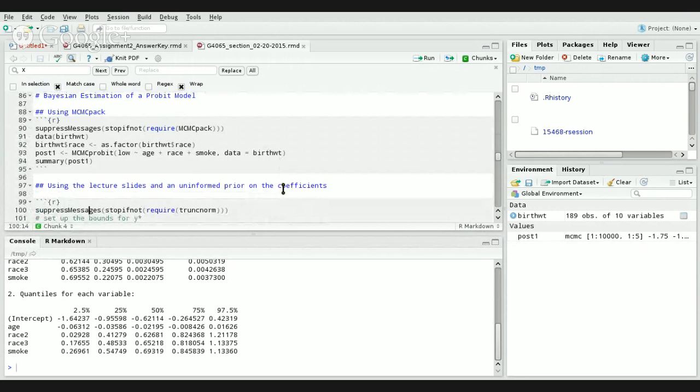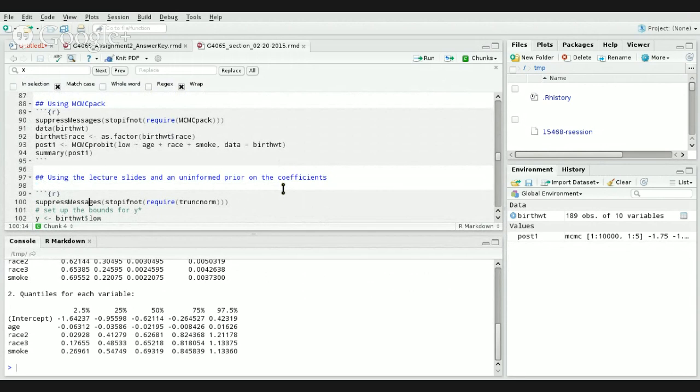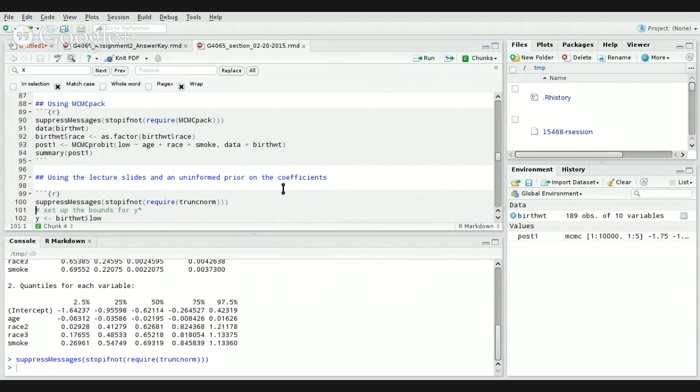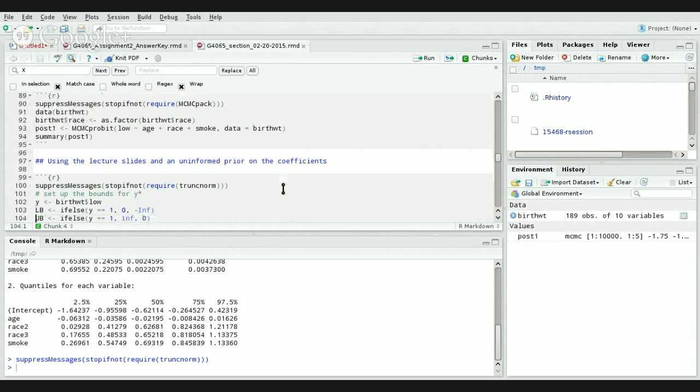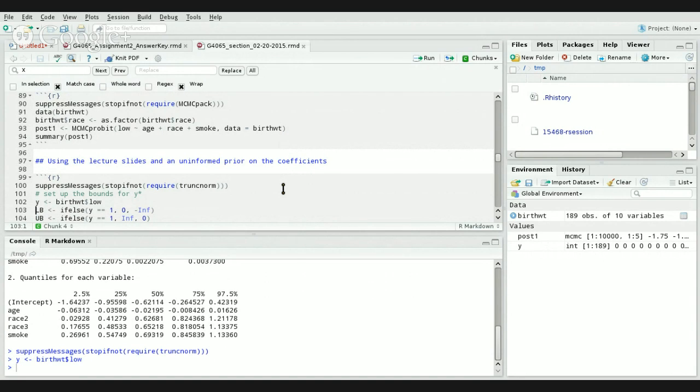But since the Bayesian perspective on the probit model is so simple, it's actually easy enough for us to do a probit model ourselves, provided we have a way to draw from a truncated normal distribution, and the truncnorm package implements that. So we want to get y, which is just a binary variable, whether or not the baby had low birth weight. We want to establish the lower bound and the upper bound.